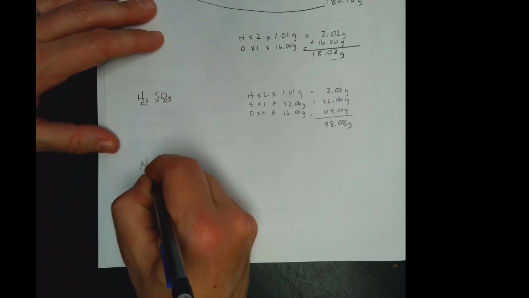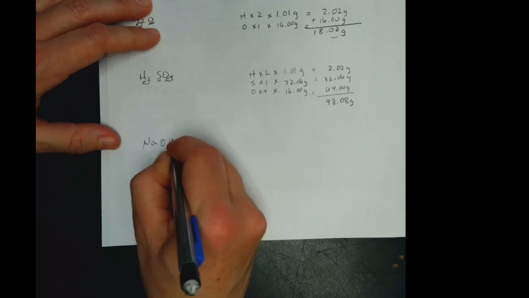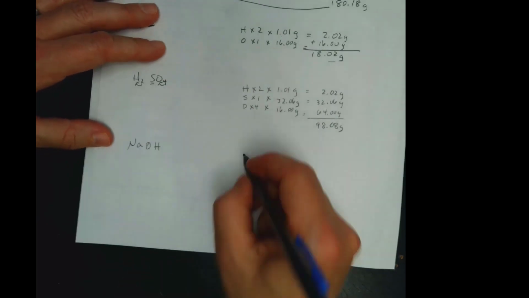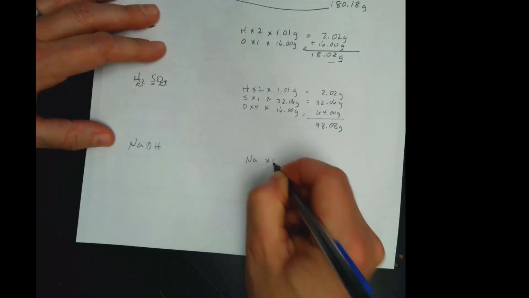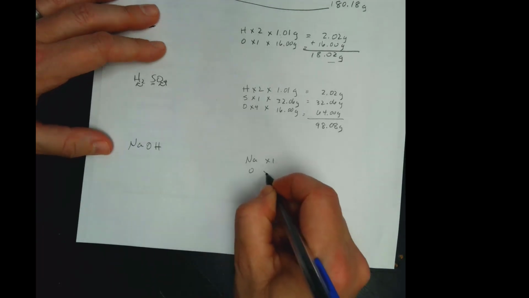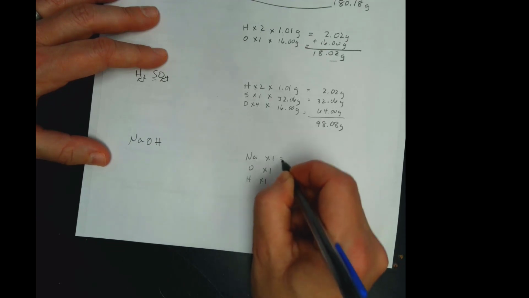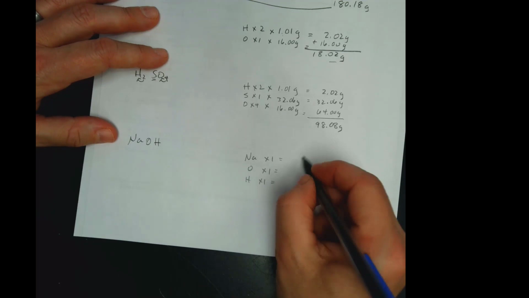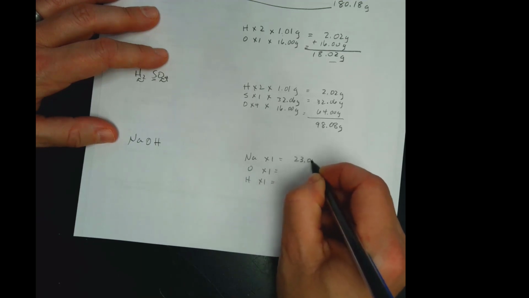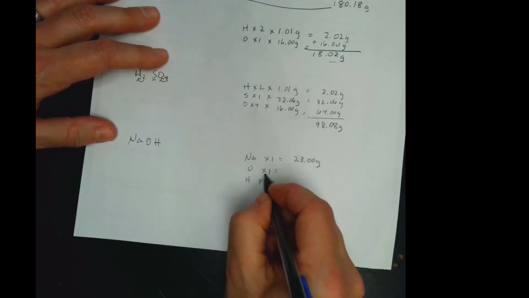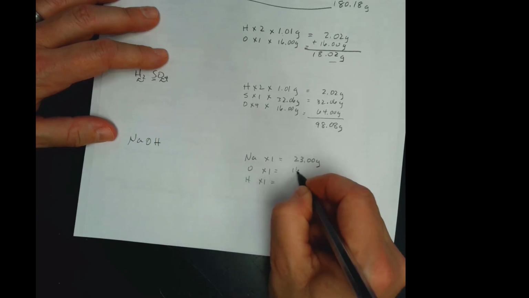So let's go ahead and let's go back to our piece of paper. We have NaOH. So we know that we have a sodium times 1, we have an oxygen times 1, and we have a hydrogen times 1. So the rounded atomic mass of sodium is 23.00 grams. The rounded mass of 1 atom of oxygen is 16.00 grams.